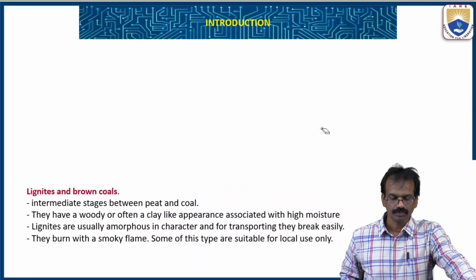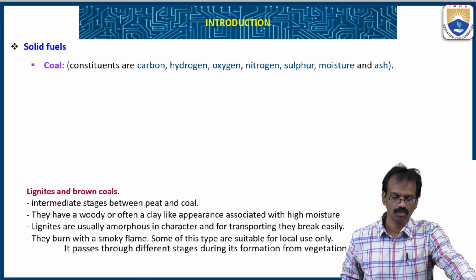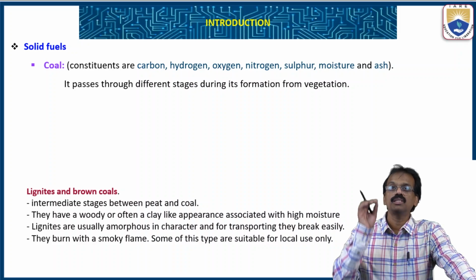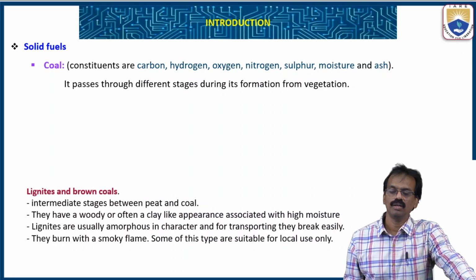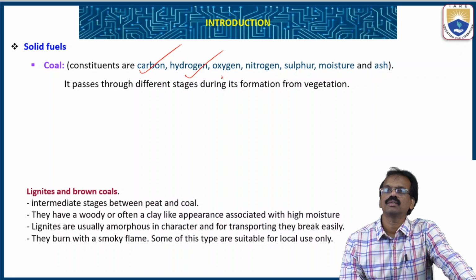First, solid fuels. The first is coal. The source of coal is wood, so coal will be prepared from wood. The basic constituents in coal are mainly carbon, hydrogen, oxygen, nitrogen, sulfur, moisture and ash.